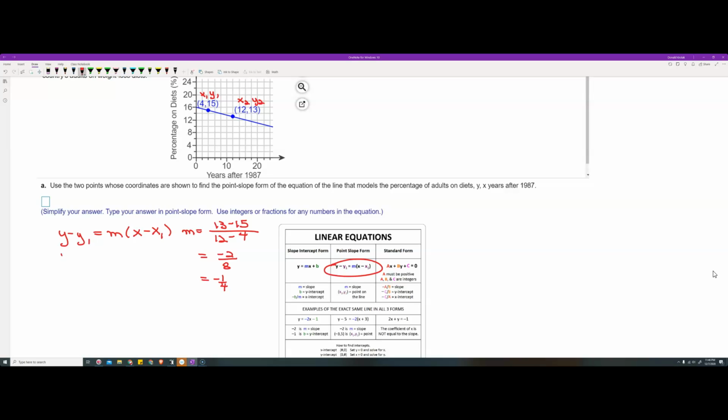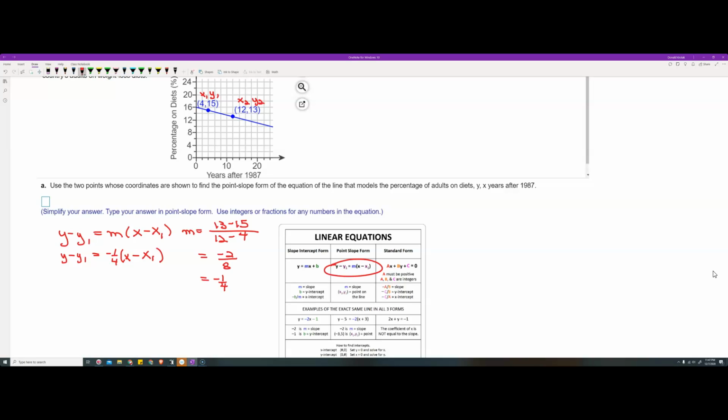So then I come over here to my formula, and I have y minus y1 equals -1/4 times x minus x1. Then I choose one of these 2 points, it doesn't matter which one, and I plug it in for x1 and y1.